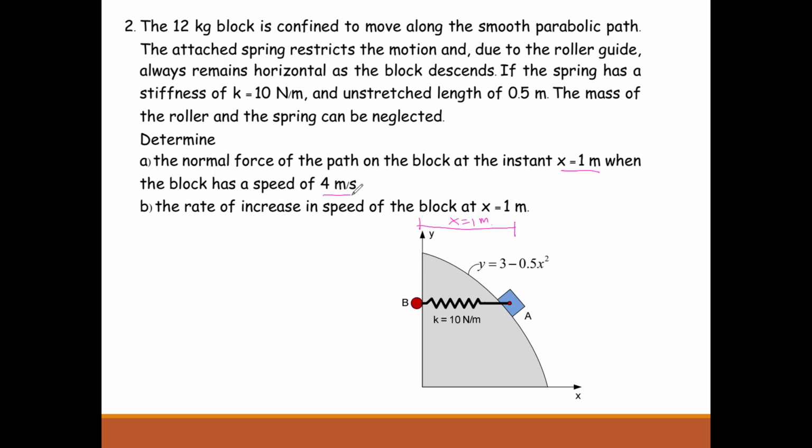And then we would like to determine the rate of increase in speed of block A at x equal to 1 meter. The rate of increase in speed means this is a_t. The rate of increase of the speed is the acceleration. So how can we do this?